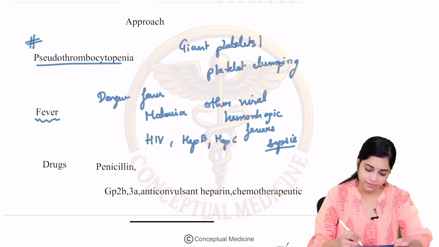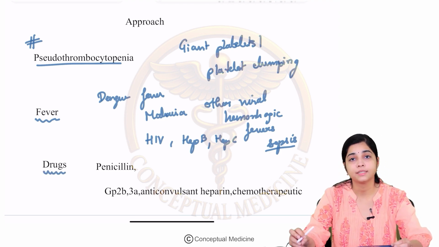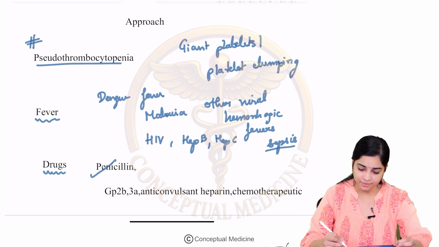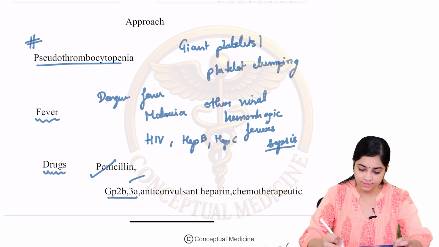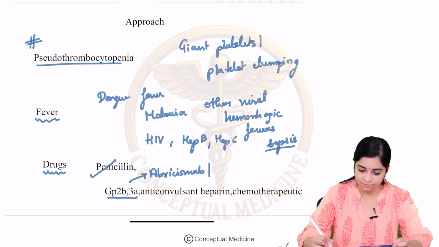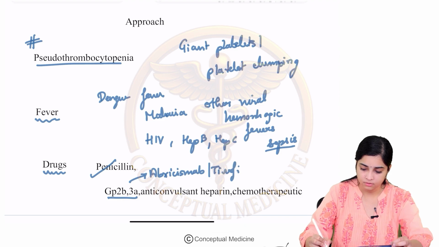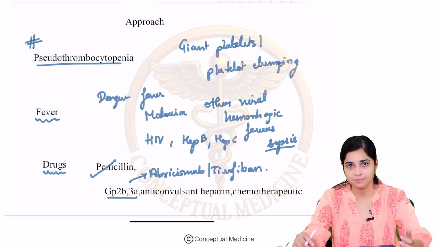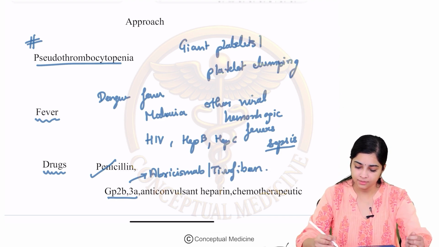Then always think of drugs which can cause thrombocytopenia. Amongst the antibiotics, we have penicillins. Then we have the glycoprotein IIb/IIIa antagonists, like abciximab and tirofiban. Especially when they are given in the post-MI period, these can cause thrombocytopenia.